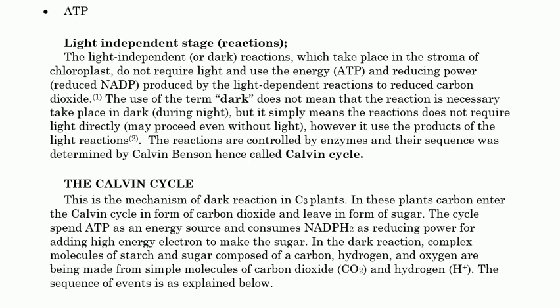The reactions are controlled by enzymes, and the sequence was determined by Calvin-Benson, hence called the Calvin cycle. Since Calvin-Benson was the first scientist to investigate the reactions of the dark stage of photosynthesis, they are called the Calvin cycle.